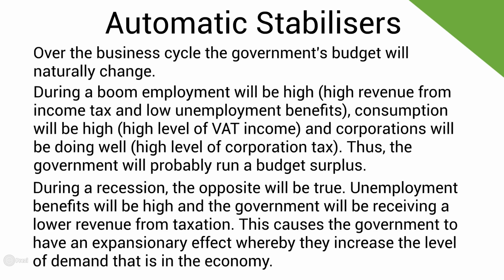This causes the government to have an expansionary effect on the economy, whereby they increase the level of demand. So the automatic stabiliser states that during a boom, the government will have a contractionary effect, and during a bust or a recession, the government will have an expansionary effect.